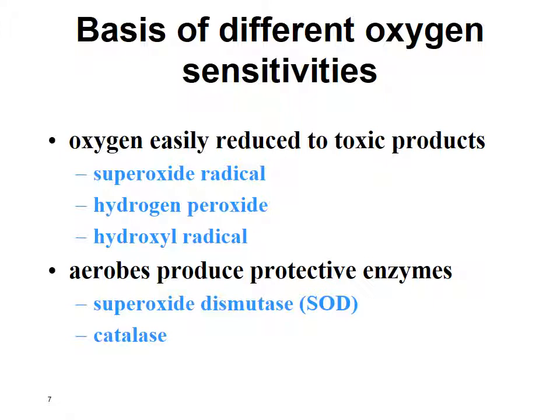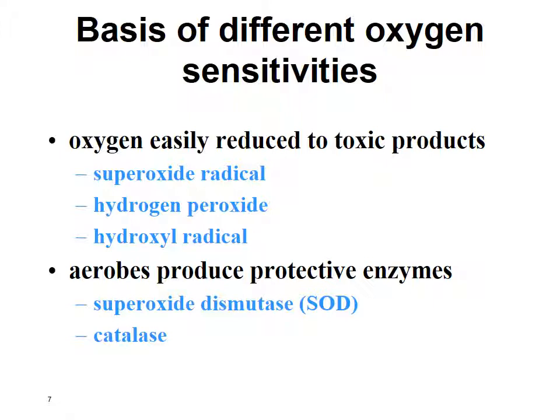Proteins called flavoproteins, which function in electron transport, and several other cell constituents and other processes, can actually promote the reduction of oxygen. And the result is usually some combination of the toxic products listed on this slide: superoxide radical, hydrogen peroxide, and hydroxyl radical.